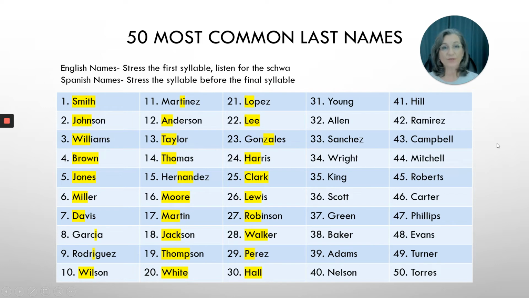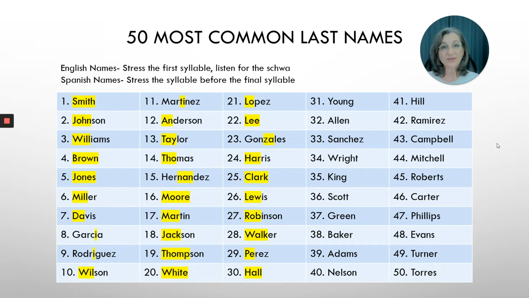Now you'll notice on this list that there are about 10 Spanish surnames because we live so close to Mexico and Central America. We have quite a few citizens that have a Spanish surname. And so we'll go through these separately.